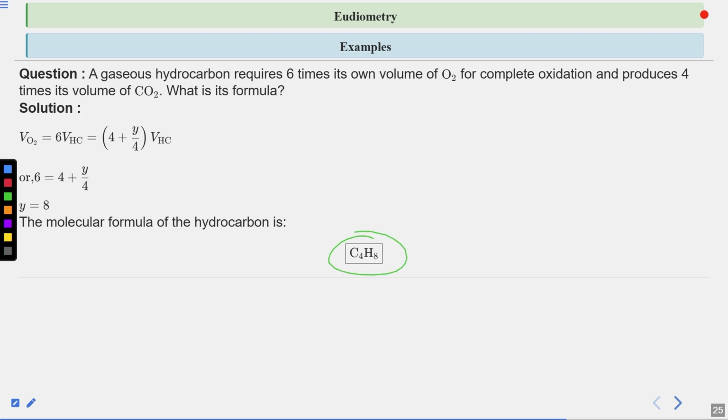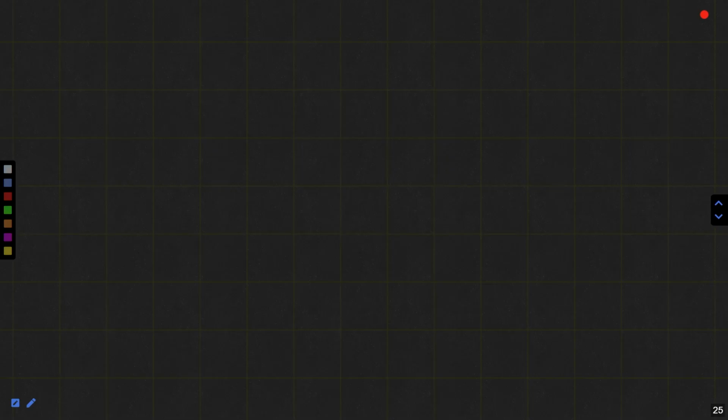Now let me try to summarize this. It was given in the question that there is a hydrocarbon, say VHC. This hydrocarbon requires 6 times its volume of oxygen for complete combustion. So the volume of oxygen is 6 times.